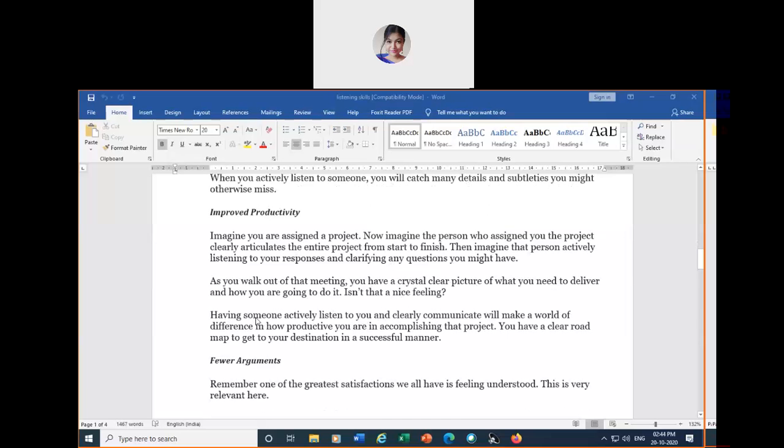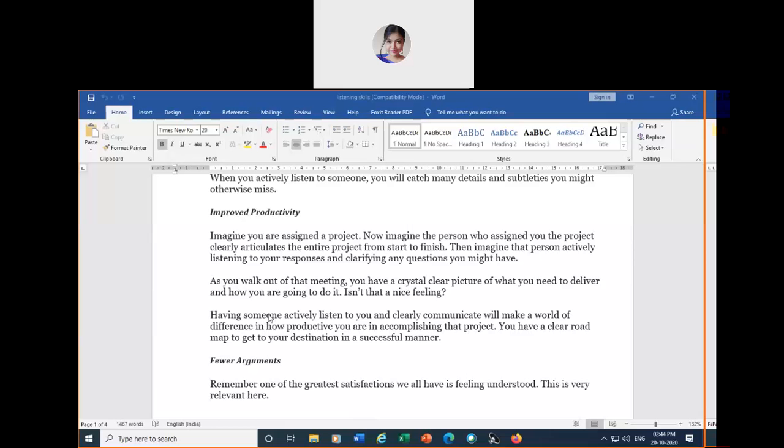And next is improved productivity. It also increases productivity, because when you are given a task to do and you listen to the speaker and the instructions properly, you will be able to do it properly, isn't it?